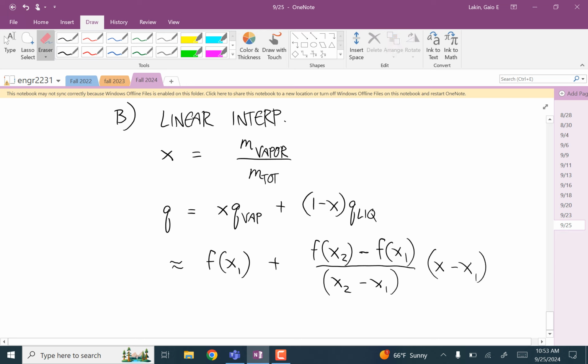And you could write this as we're approximating this function value at x. And x represents a property that we know, and f is the property that we're trying to find at that corresponding point. Okay, and so you'd use it once if you're at a saturation point. You'd use it 3 times if you're away from a saturation point.